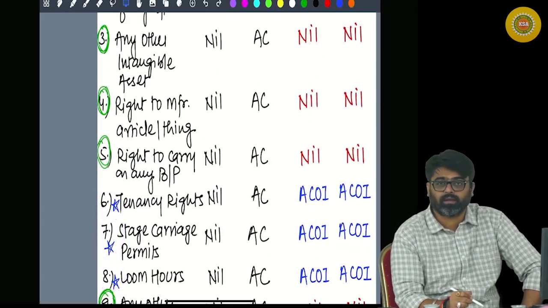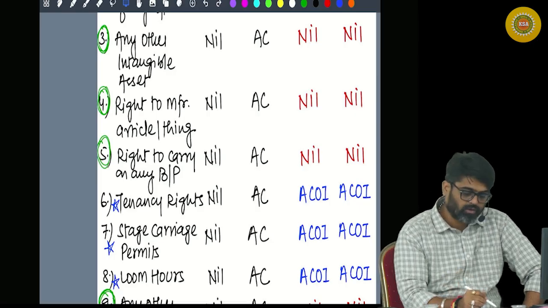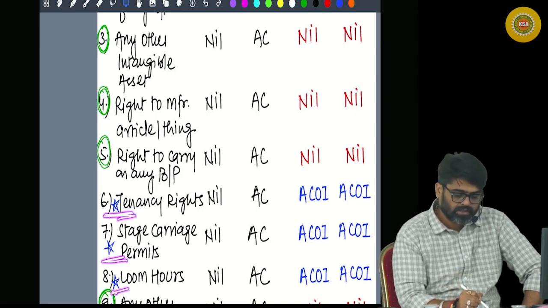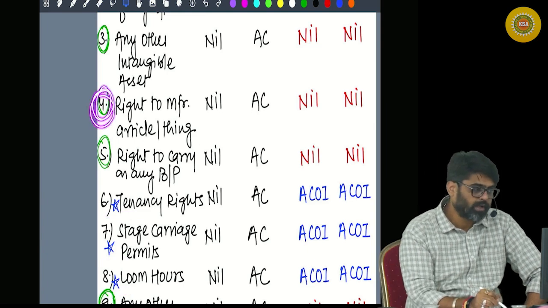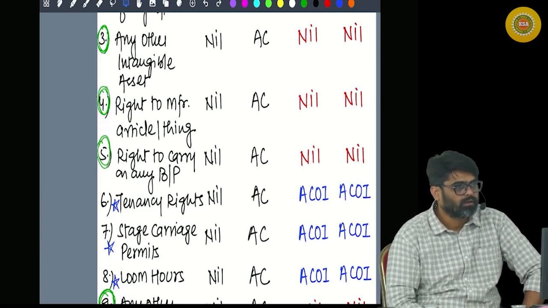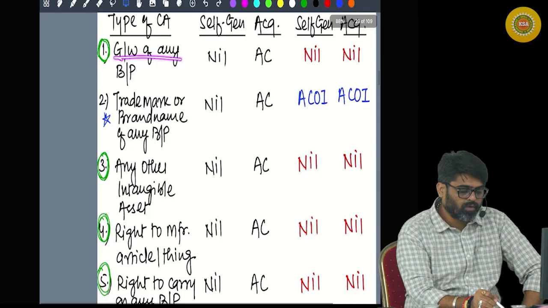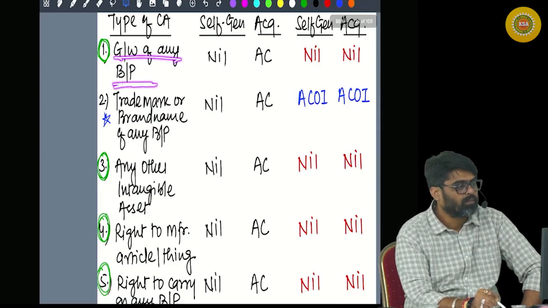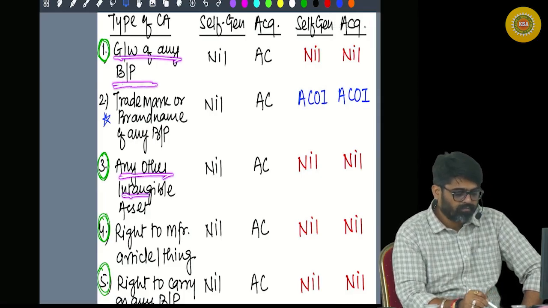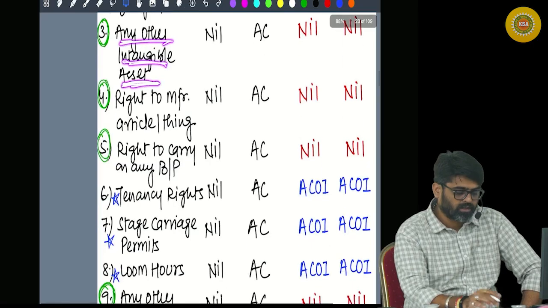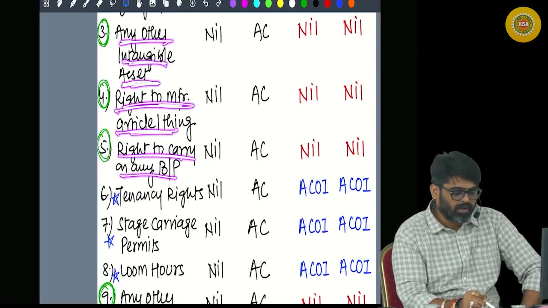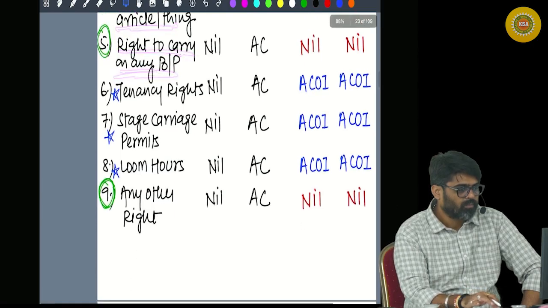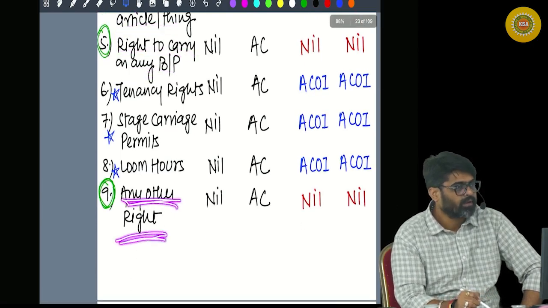The assets on which I have put a star, and the assets which I have put in a circle. Now wait. Goodwill of any business or profession, any other intangible asset, right to manufacture any article or thing, right to carry on any business or profession or any other right.